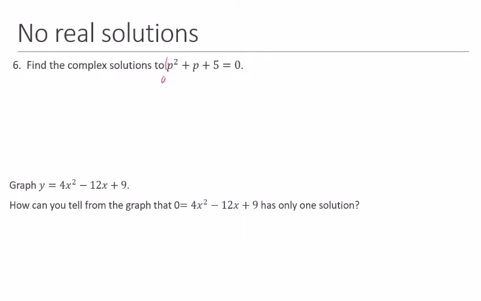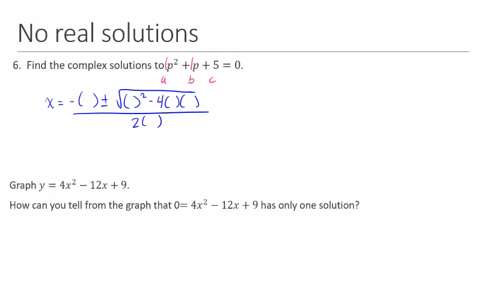So a is going to be 1, b is also going to be positive 1, and c is going to be 5. So in the formula, x equals negative b plus or minus square root of b squared minus 4ac all over 2a. So a is 1, so that's going to go after the 4 and underneath. B is 1, so that's going to go in the first 2 spots, and c is 5.